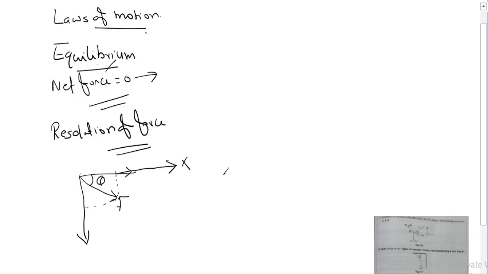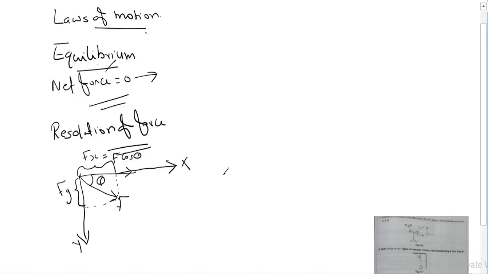The component which I am getting along the x-axis is called Fx, and the component along the y-axis I am representing as Fy. Okay, so the Fx component, how can I represent? This is F, so it will be F cos theta.